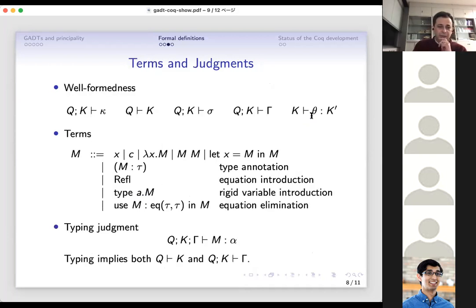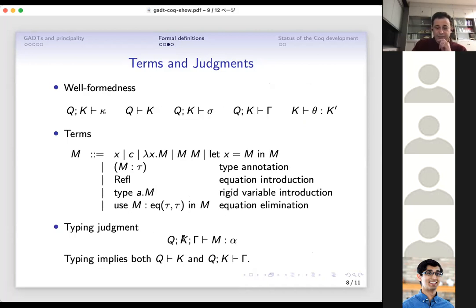So the language itself is going to be ML extended with type annotation, equation introduction, rigid variable introduction, and equation elimination.